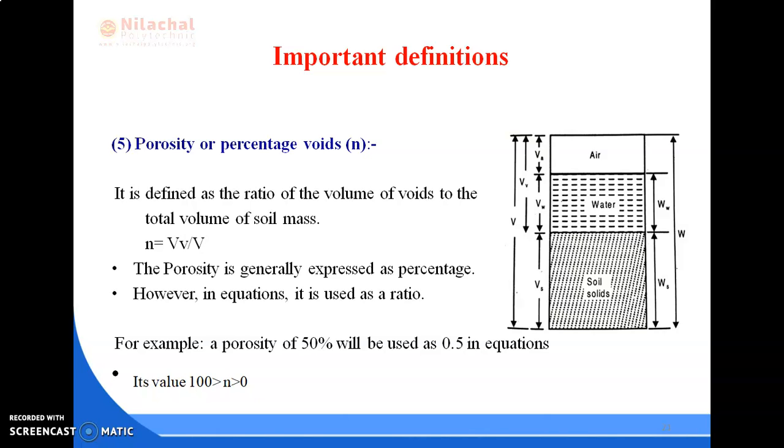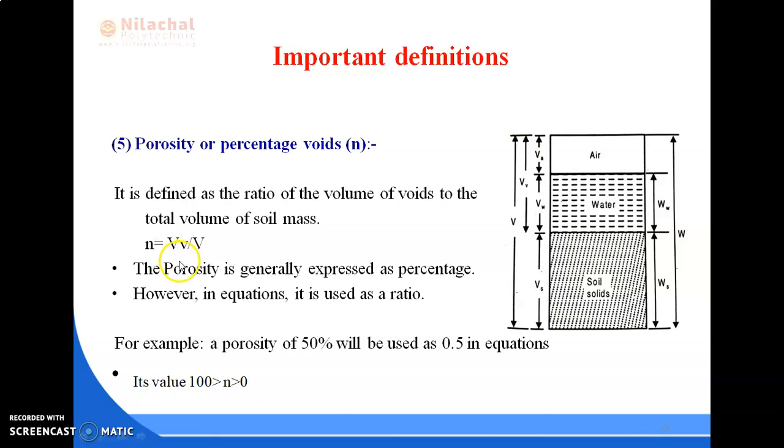and the porosity is expressed as a percentage. That means we can also write Vv by V into 100, as it is expressed in percentage. However, in equations it is used as a ratio. That means whenever we use it in a problem, we convert this percentage to decimal and then put this decimal value. Otherwise it is expressed in percentage.